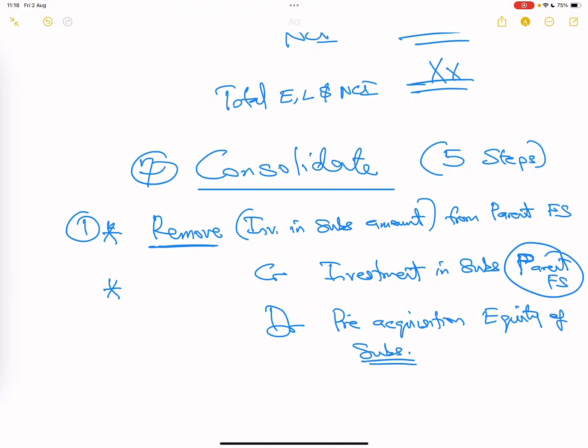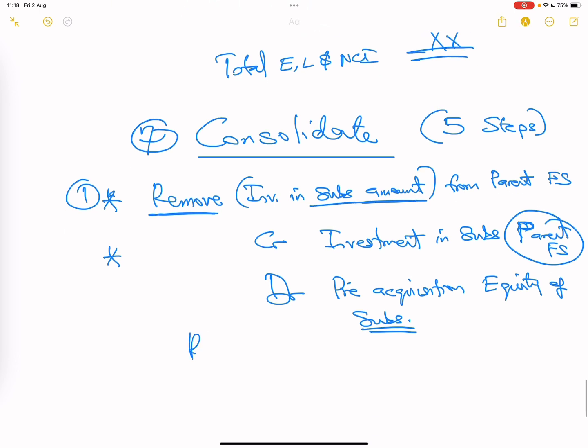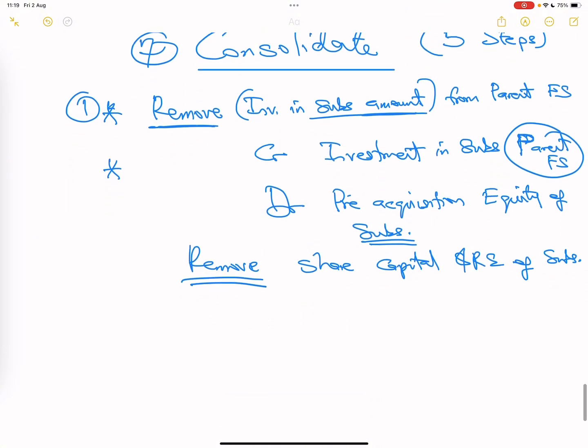So what we are saying is that the same way you are removing the subsidiary amount in the parent, you're going to be removing the share capital and retained earnings of the subsidiary. That's the first thing you must do. This first thing is the easiest mark to score once you start. Take both out.